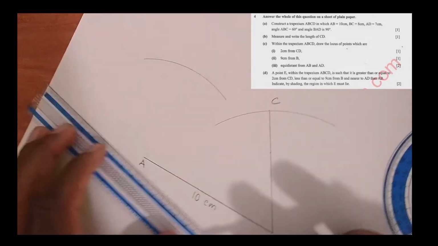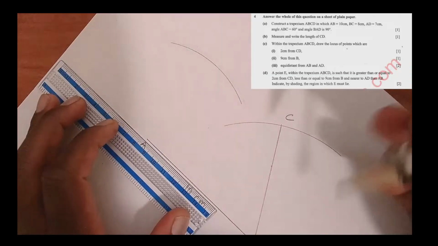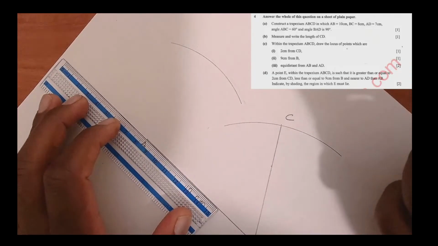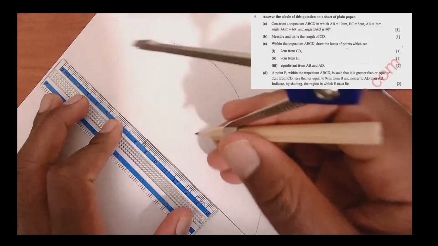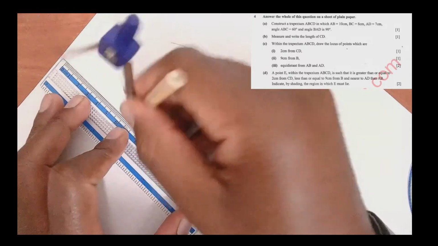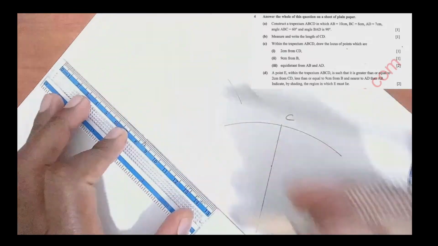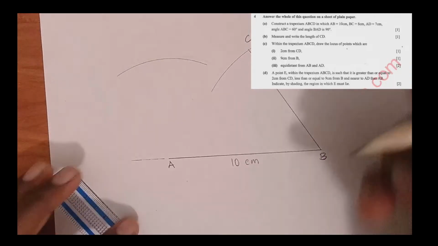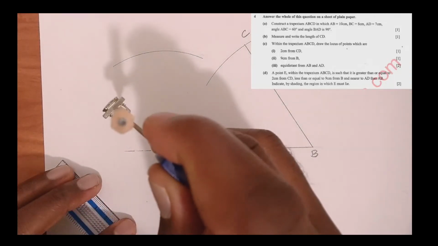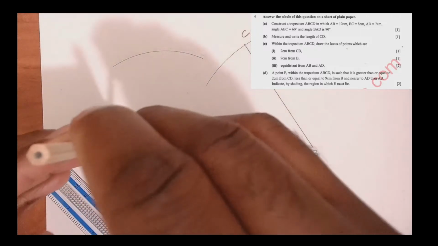So what I do, I will get this line here and extend it a little bit. Okay, so my extension is like that. It's just like a dotted line here. Okay, so why did I draw that? So that I draw a good perpendicular bisector. So let's see, I'm here.